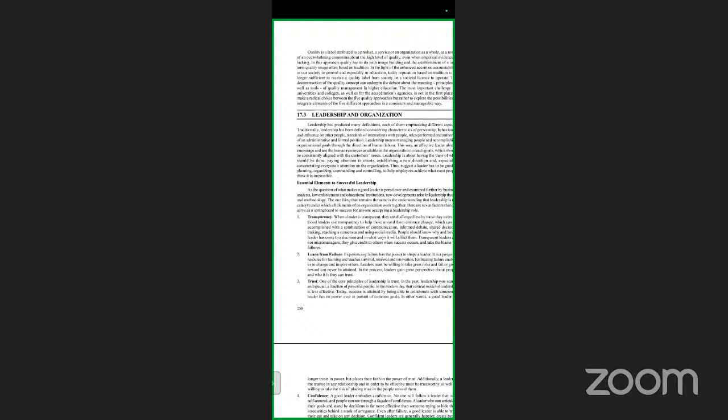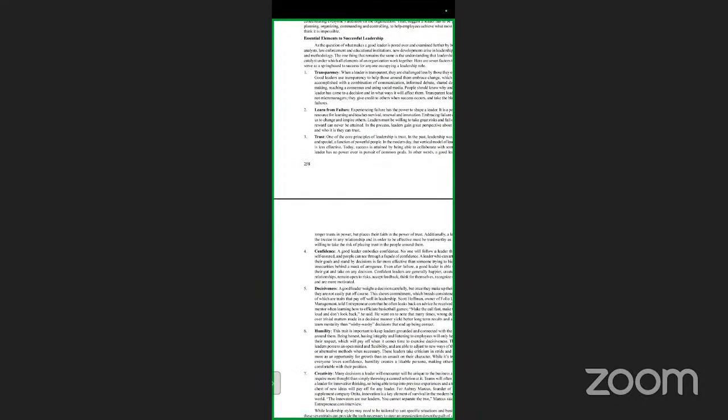Trust will be there, and after that confidence. And then decisiveness, and they take the decisions. And humanity, the leader should have humanity. And creativity. These are the things a leader has.